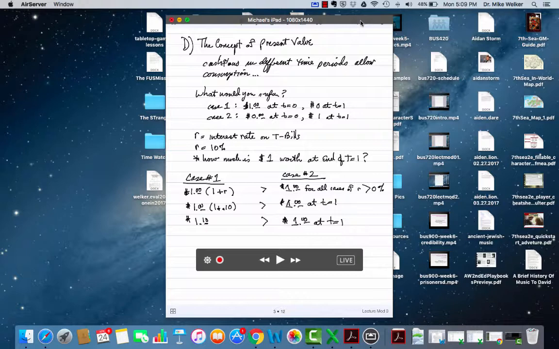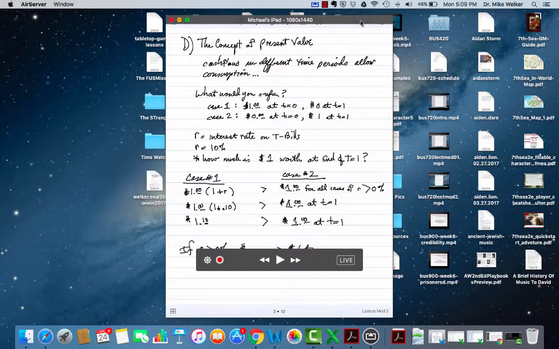So this implies that money has time value. If the interest rate R is greater than 0%, $1 received sooner is more valuable than $1 received later. $1 sooner is worth more than $1 later.